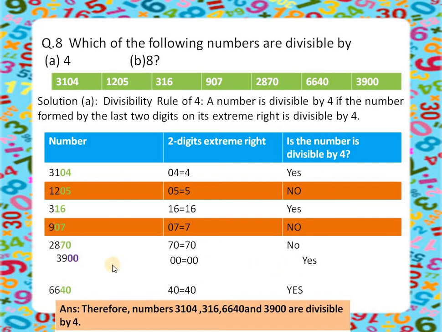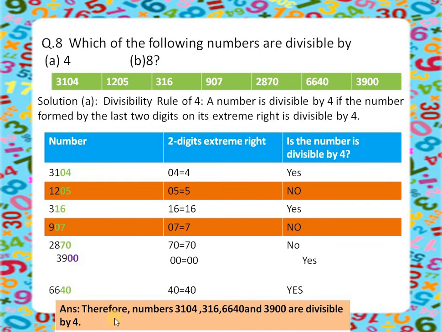If we divide 3900 by 4, we will get 975. Therefore, the numbers 3104, 316, 3900, and along with that 6640 are said to be divisible by 4.